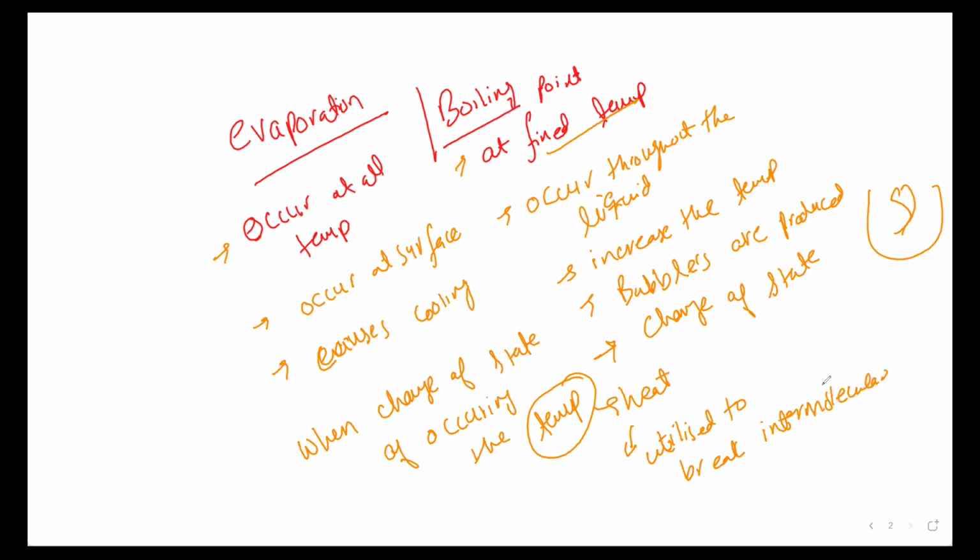That's why if we're giving heat to a system, that heat would not increase the temperature of the system, rather it would be utilized to overcome the intermolecular forces between the particles to change the state. What we studied in heating and cooling curves, that we get two flat lines in the heating curve: this is the melting point and this is the boiling point. And why do we get these straight lines? Because the energy given at these points would be utilized to change the state of the substance. Okay?